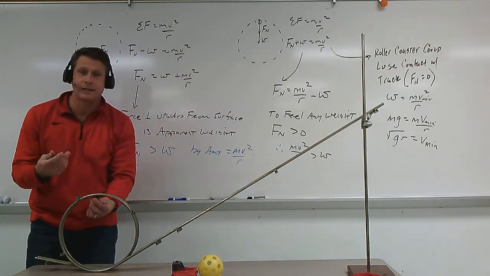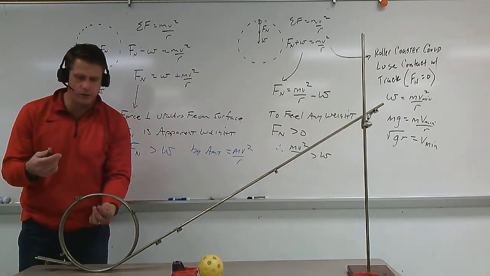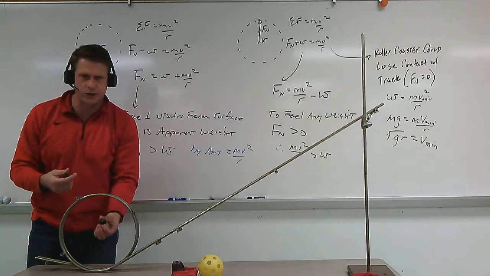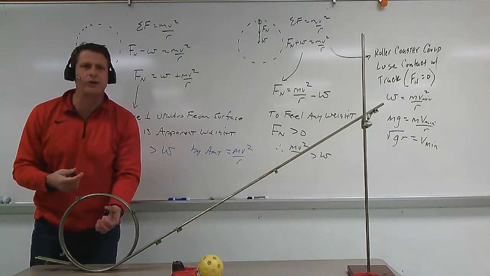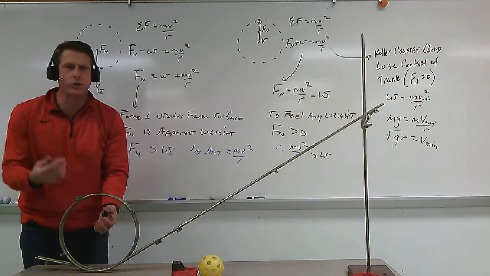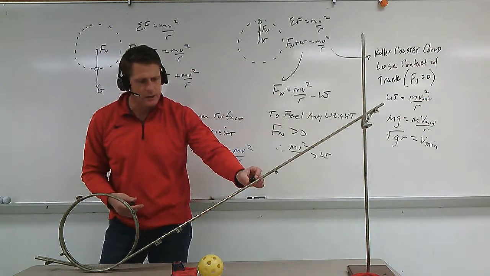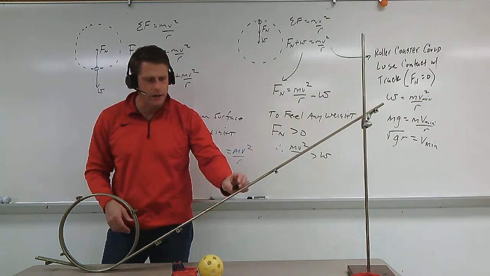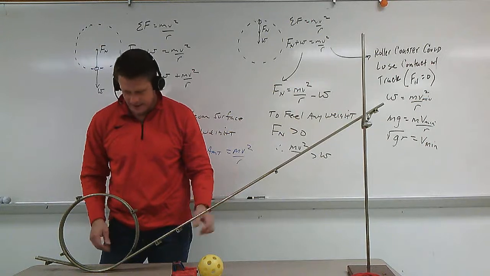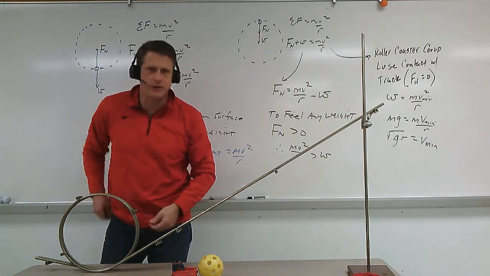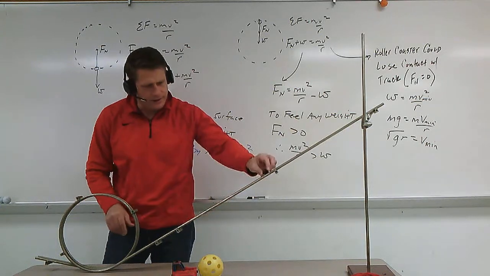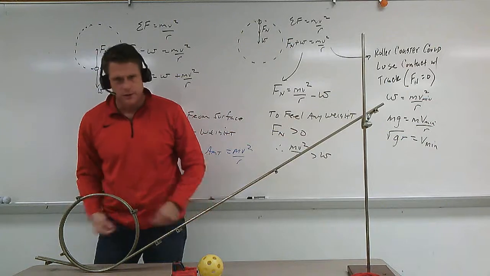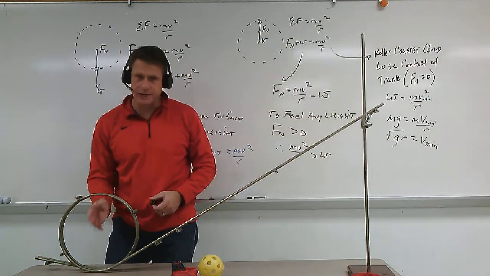And in fact, if it's not going fast enough, it will lose contact with the track altogether and won't experience a normal force at all. So watch what happens when I put this thing down too low. You can see that the ball does not even make its way around the circle. So it goes up here, it loses contact. Why?